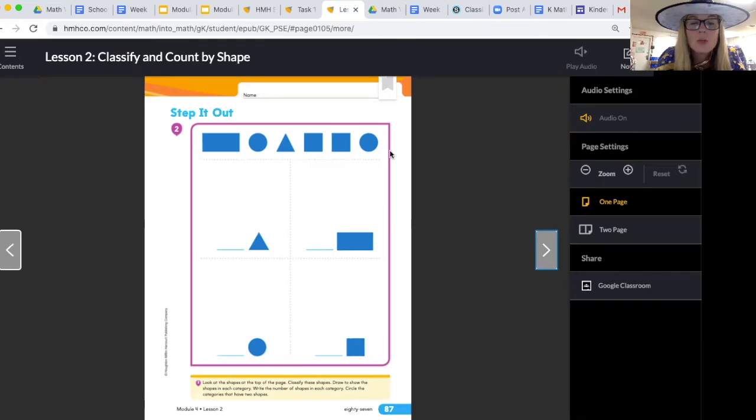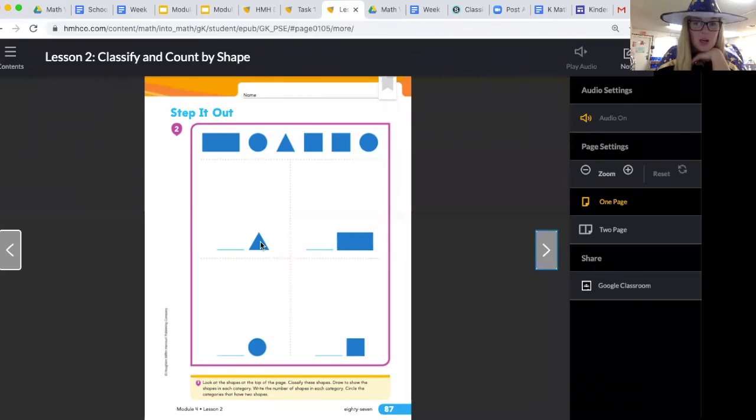Draw to show the shapes in each category, and then write the number of these shapes in each category. Circle. Oh, there's one more step. After we classify and write the numbers, then we're going to circle the category that has 2 shapes. I think we'll do this one together.